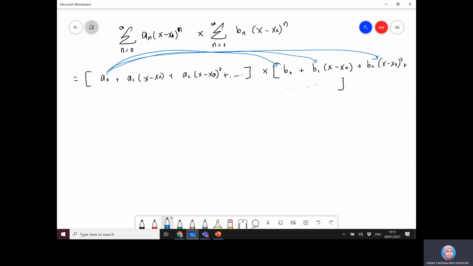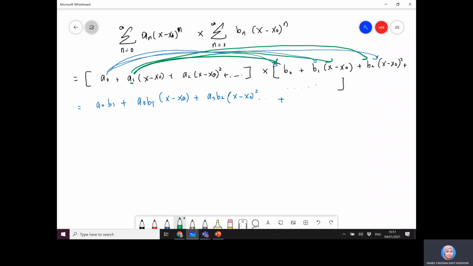Then you get a naught b naught plus a naught b1 (x minus x naught), plus a naught b2 (x minus x naught) squared, and so on until a naught b3, a naught b4, and so on. Plus, then you multiply the second term. So now you get the term a1: a1 times the b naught term, a1 times the b1 term, and a1 times the b2 term, and so on. So you can see where things are heading now.